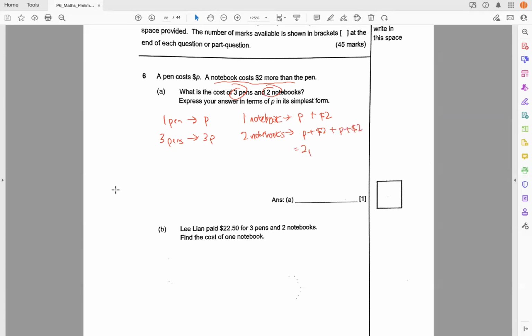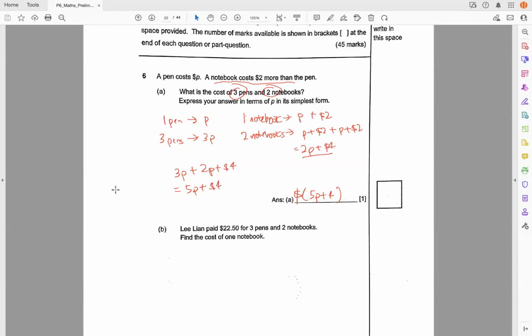You get 2P and $4. So altogether, it will be 3P for 3 pens plus 2P plus $4 for 2 notebooks. So altogether is 5P plus $4. So it's 5P plus 4. I will do this. Okay. The whole thing is $5.